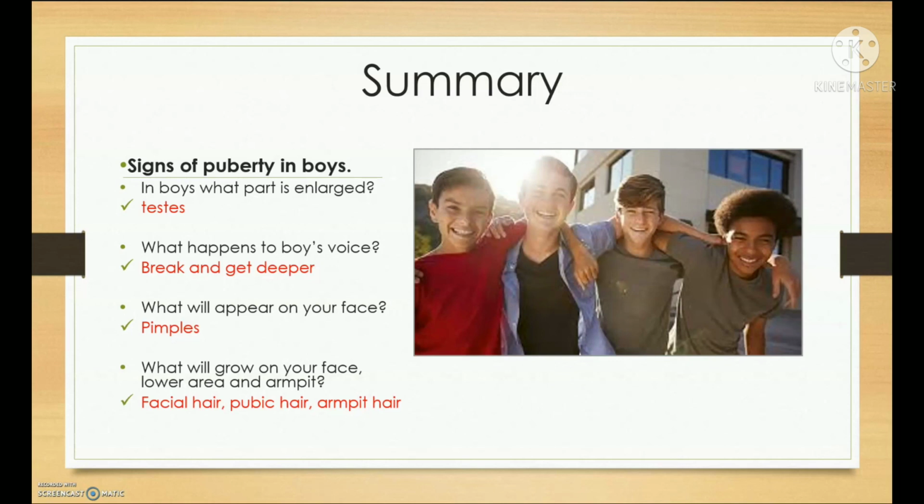Very good. You will grow facial hair, pubic hair, and armpit hair.